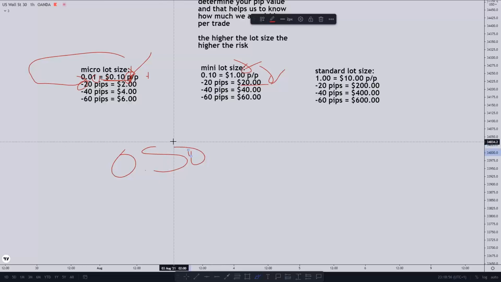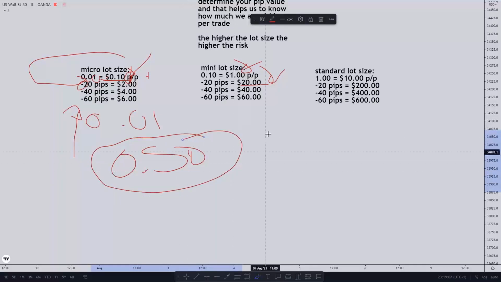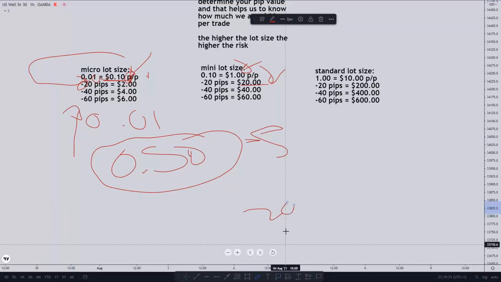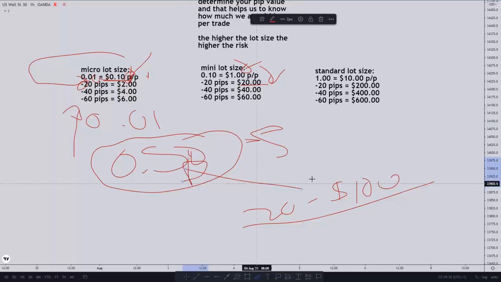So instead of me opening 50 trades of 0.01, why not use a mini lot size? Then I can just know that my pip value is going to be $5. And then if I'm taken out on 20 pip, that means I'm out by $100.